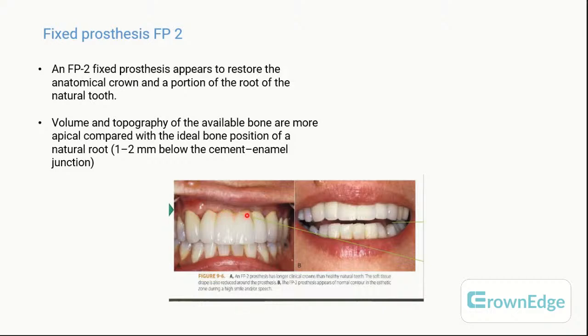Sometimes in these areas, we put something called pink ceramic. That is to cover and not make the tooth look very long and unaesthetic. We put some pink ceramic on top of it. That covers a portion of the natural tooth as well as your root portion. This is your FP2 prosthesis. Do not confuse it with FP1.